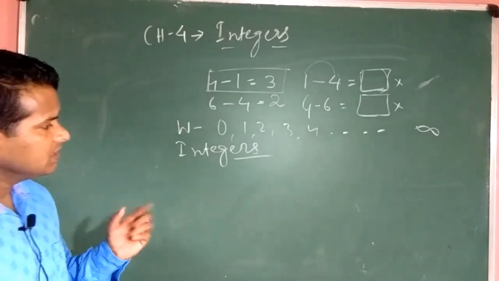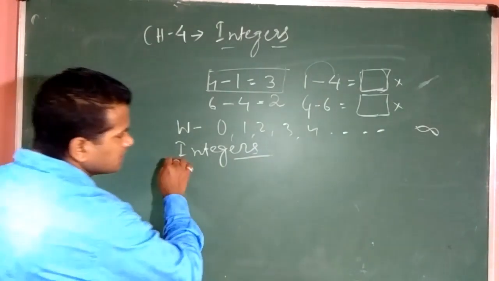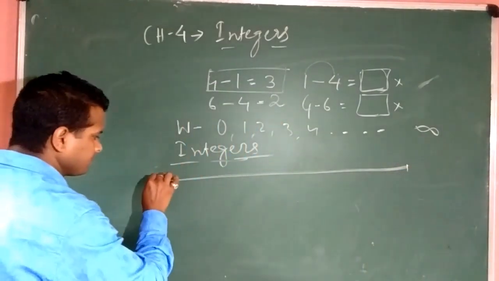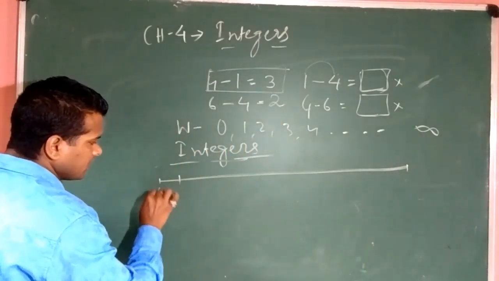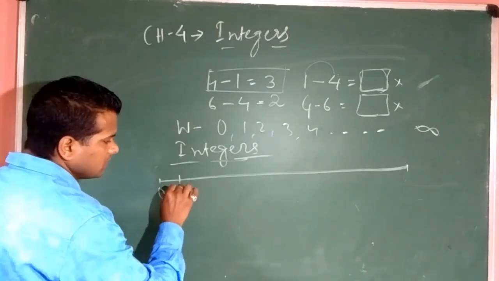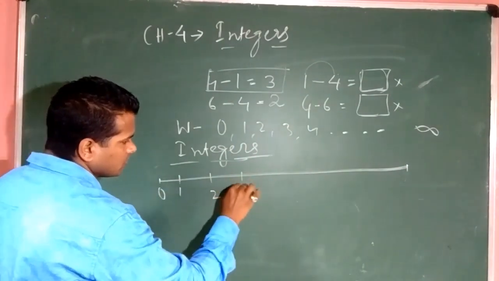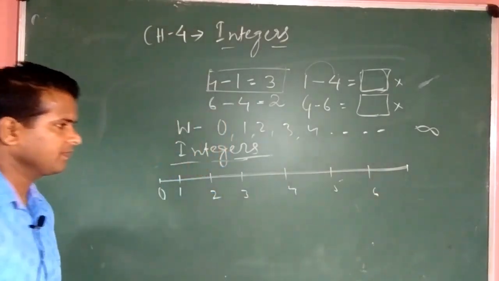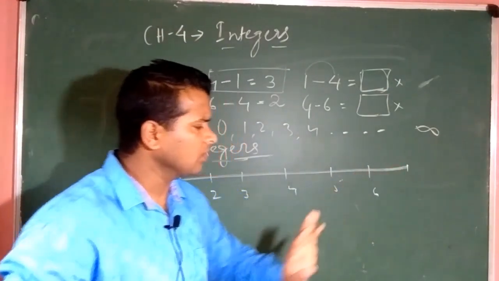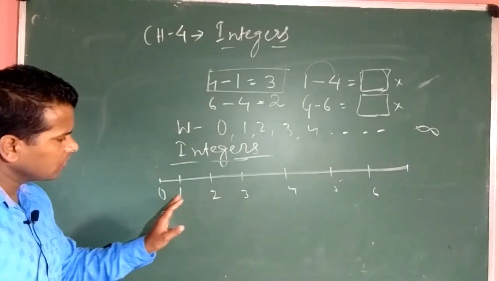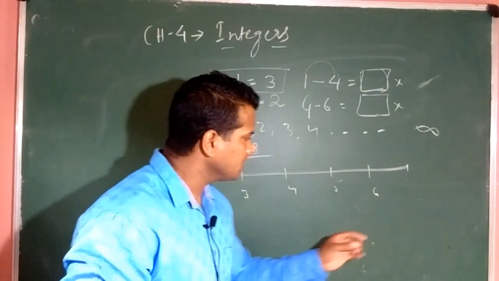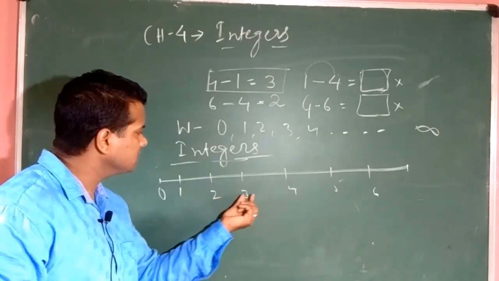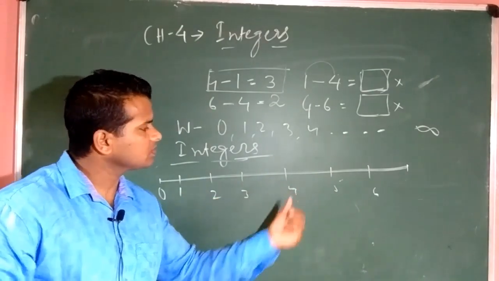Now, distance in the integers. If this is the integer line, and I write 0 here, and suppose this is the whole numbers, so 0, 1, 2, 3, 4, 5, 6, up to infinity, it will go on. The difference is 1: 1 plus 1, 2; 2 plus 1, 3; 3 plus 1, 4; 4 plus 1, 5.